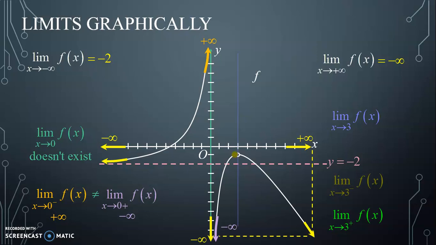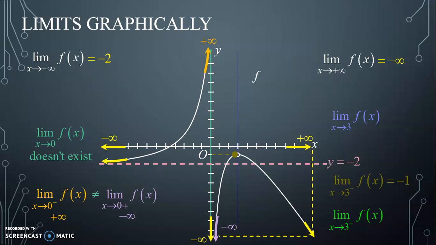Now for the limit to the left, immediately to the left of x equals 3 on the curve corresponding to f of x, we can see a point where the y value is in fact equal to negative 1. So the limit to the left of 3 of f of x is equal to negative 1.